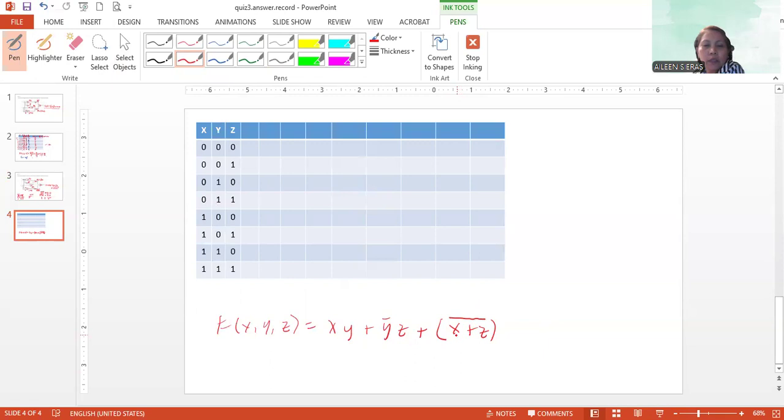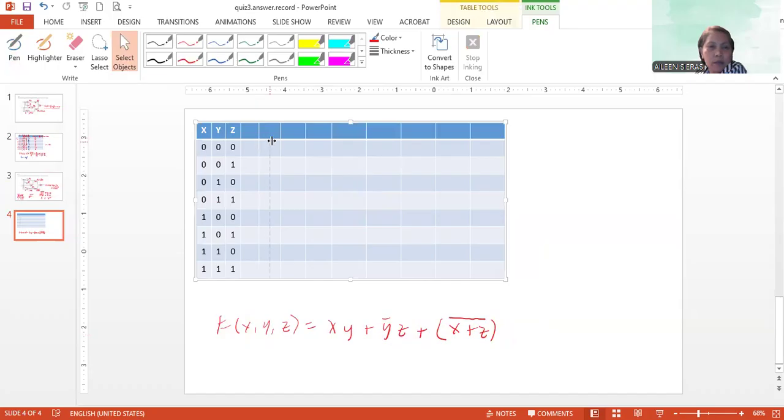So we just simply write whatever the value of our logic circuits. So in this case, we will get the value of our xy, y bar z, then x plus z overall bar. So we will get here first the xy.